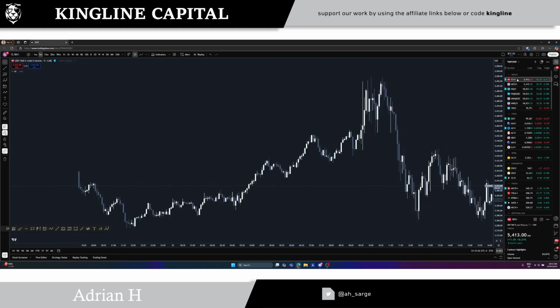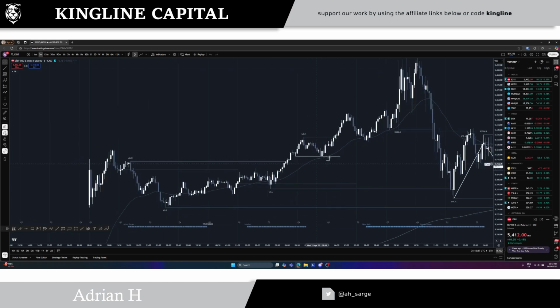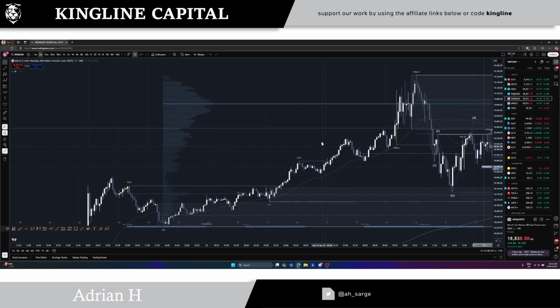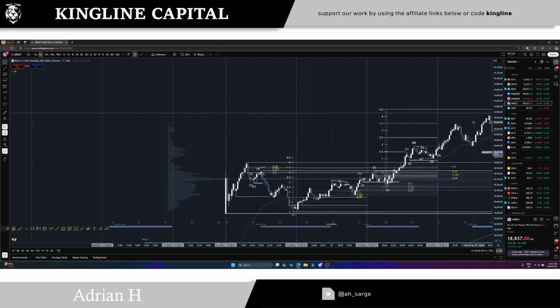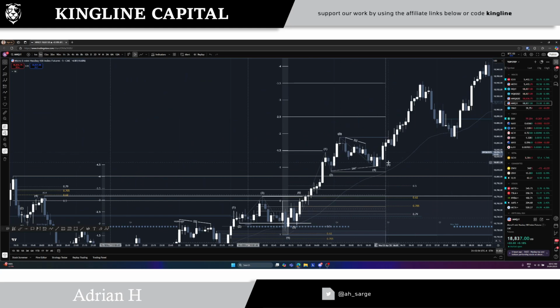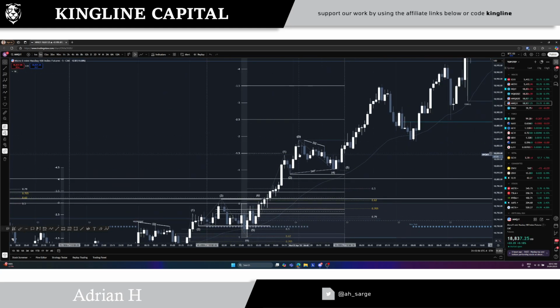So sweep with ES into continuation. So 1, 2, 3, 4, 5. So that gave us the SMT and then continuation. So 6 is up here.